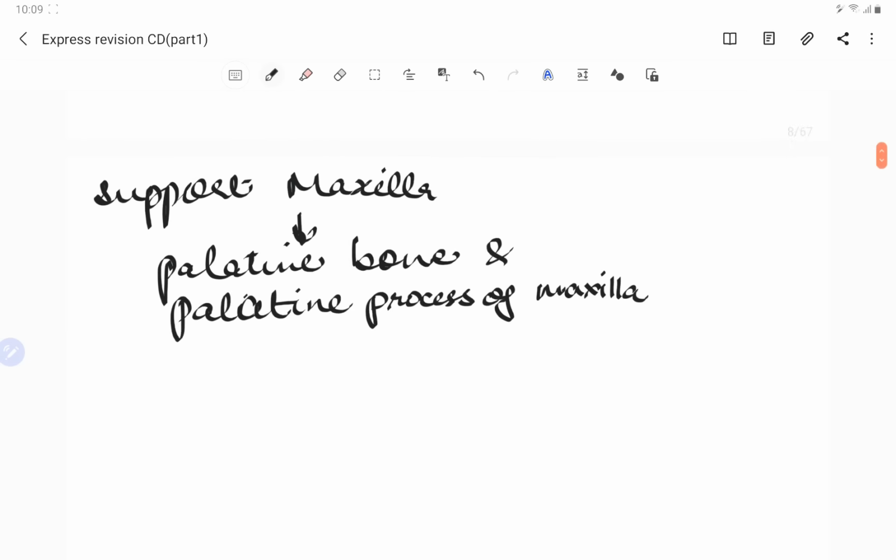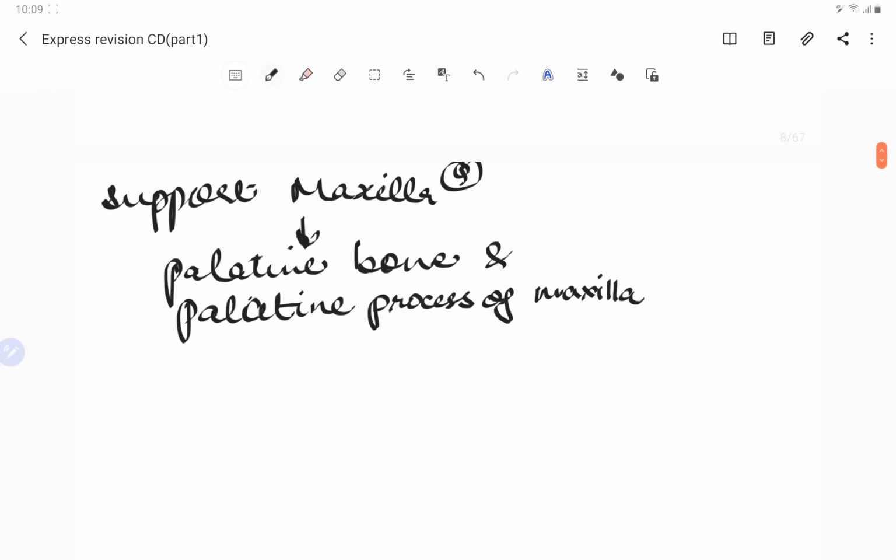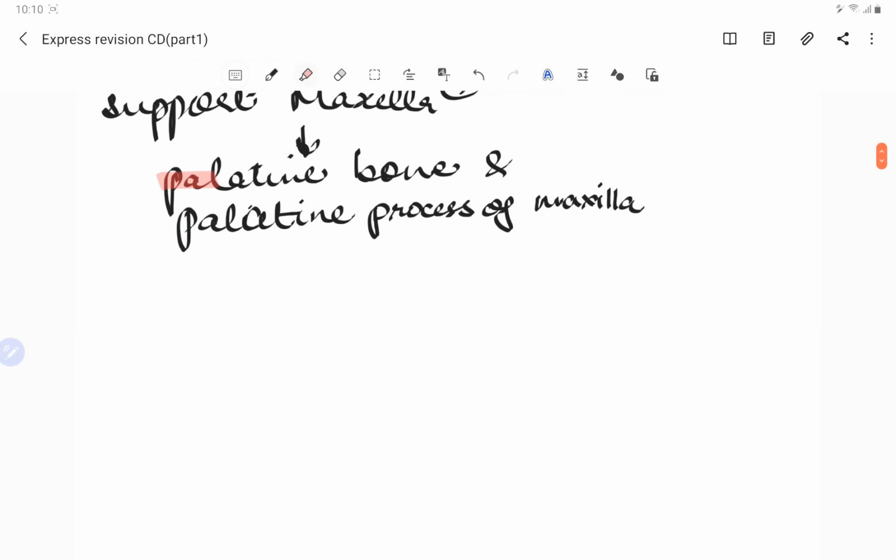Of course, palatine process is present in the maxilla. So, the ultimate support for the maxillary denture is from the palatine bone and the palatine process of the maxilla.